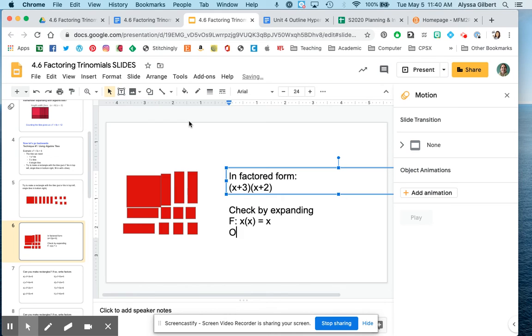Outers are 2 times x, so x times 2 equals 2x. Inners are 3 times x, which is 3x, and then last terms is 3 times 2, which is 6.